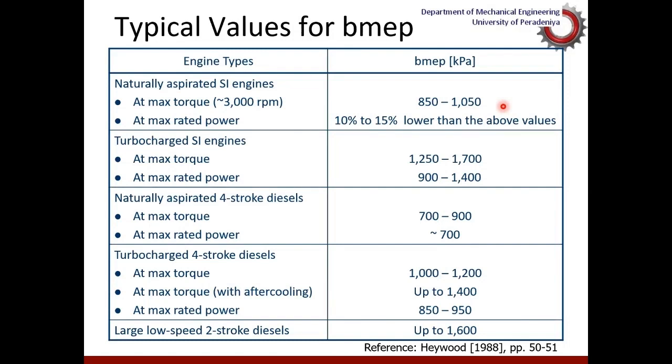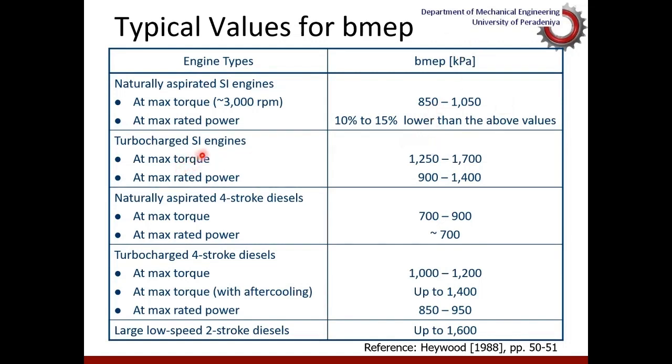So that indicates that brake mean effective pressure is highly correlated with the speed of the engine, because the speed at which the maximum torque is obtained in practical engines is somewhat lower than the speed at which you could get the maximum power out. So that we can discuss later, the reasons for that.